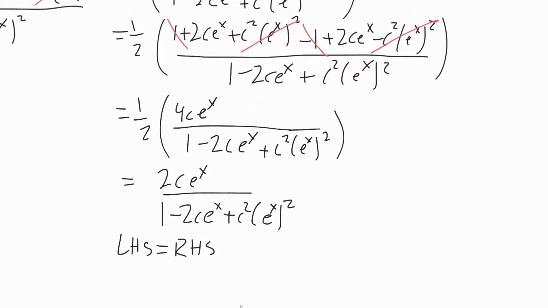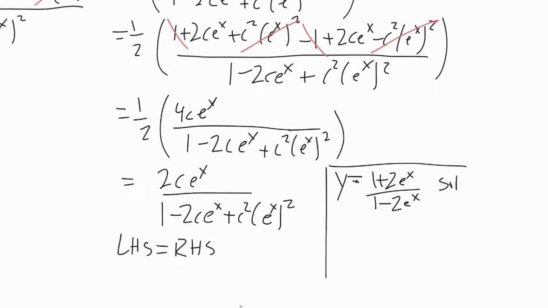And we ended up with the same thing on both sides, which means, of course, that it is the general solution. But it's a strange general solution, because it means that y equal to any value of c is a solution. So, for example, y equal to 1 plus 2 e to the x over 1 minus 2 e to the x, this is a solution.